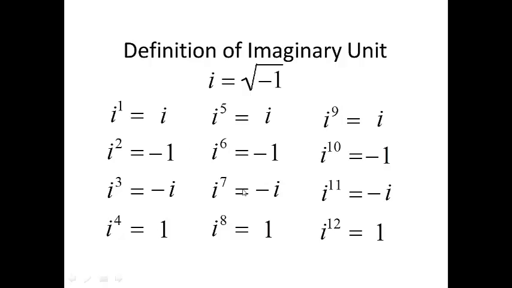So, in other words, you can take i to the 8th and subtract 4 and you'll get this. i to the 12th, subtract 4 and you'll get 1. Subtract 4 again, you'll get 1. i to the 11th, subtract 4, you'll get i to the 7th, subtract 4, you'll get i to the 3rd. And if you take 10 minus 4, you get 6, minus 4, you get 2.